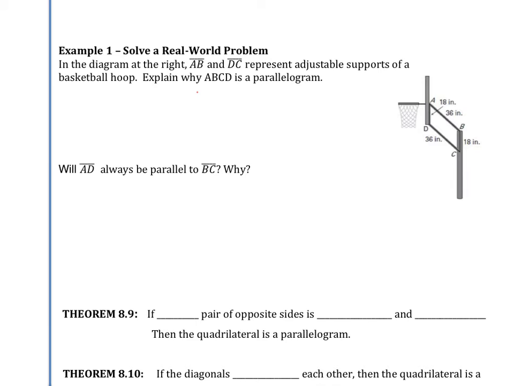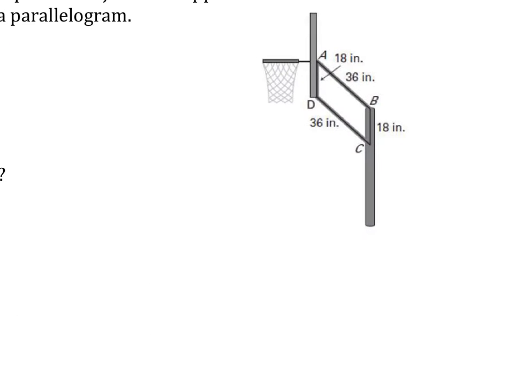So if we take a look at example 1, solve a real-world problem. In the diagram at the right, segment AB and segment DC represent adjustable supports of a basketball hoop. Explain why ABCD is a parallelogram. So we look at the shape over here. These are opposite sides, and they're congruent.